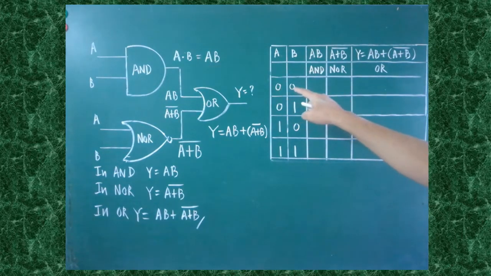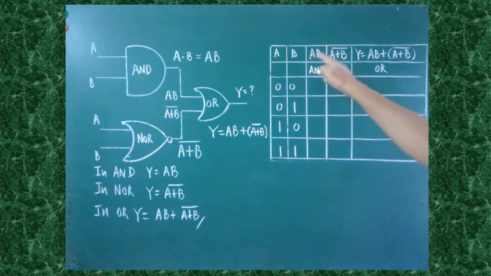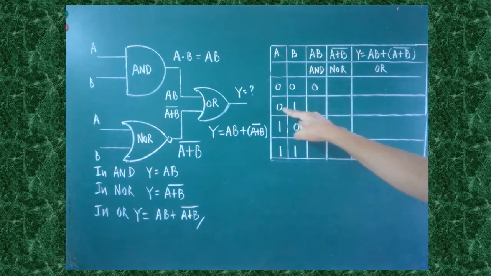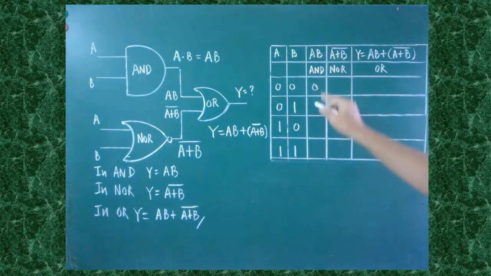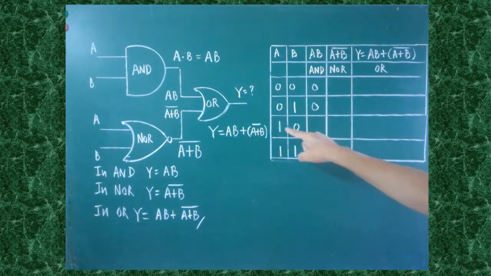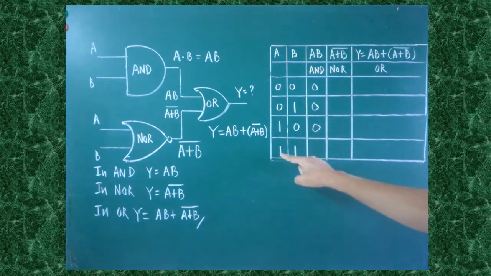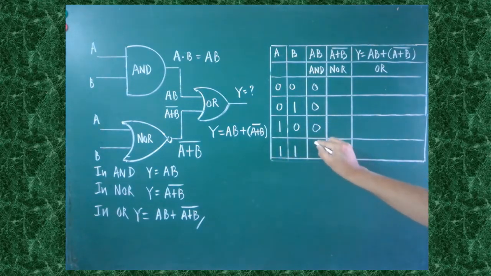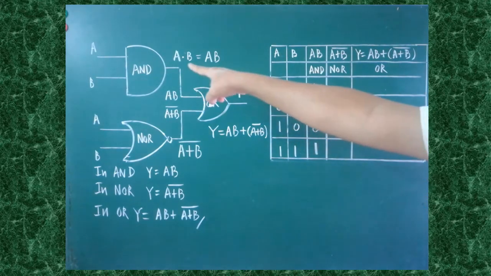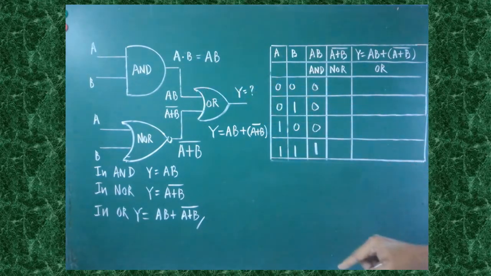So 0 and 0, that is AB, therefore 0. 0 1, that should be ANDed, you will be getting 0. 1 0, both are ANDed, therefore you are getting 0. 1 and 1 is equal to 1. So these are all the outputs you will be getting at the output of the AND gate.